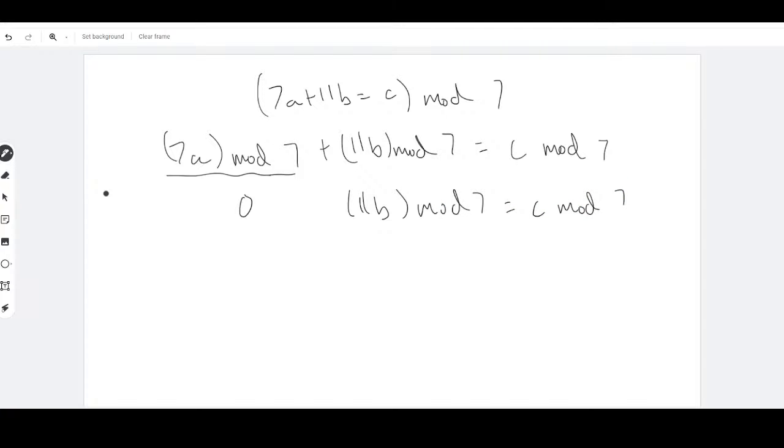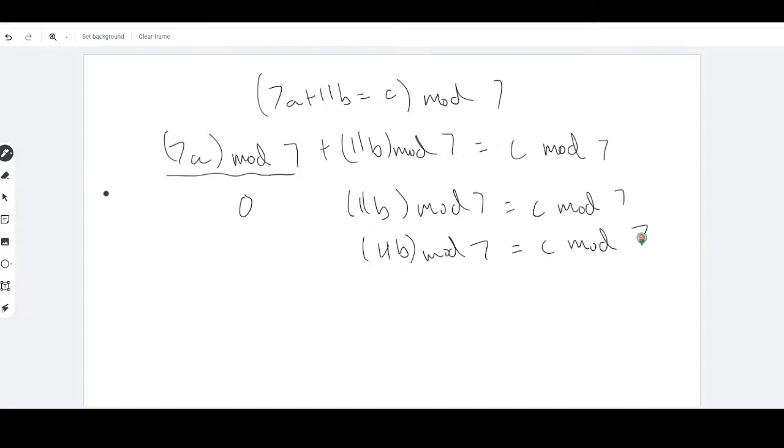From this, we can also reduce the 11 into 4. So we can reduce this equation from 11b mod 7 is equal to c mod 7 into 4b mod 7 is equal to c mod 7.